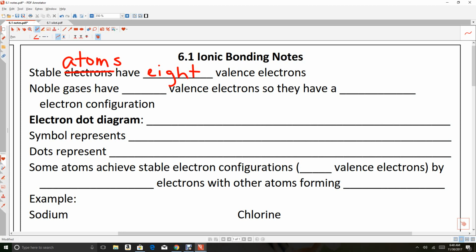We talked about how group 1 has 1, group 2 has 2. We get all the way to group 18, which we labeled as the noble gases. And so 18 minus 10 is 8, and so there is 8 valence electrons. Which means if they have 8 valence electrons, they have a stable electron configuration.